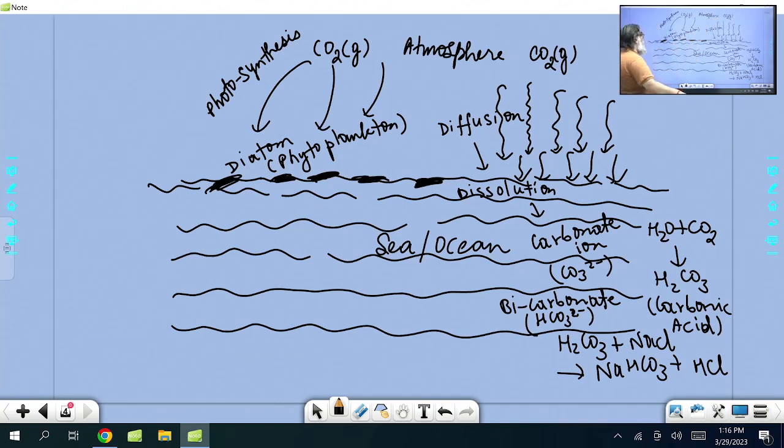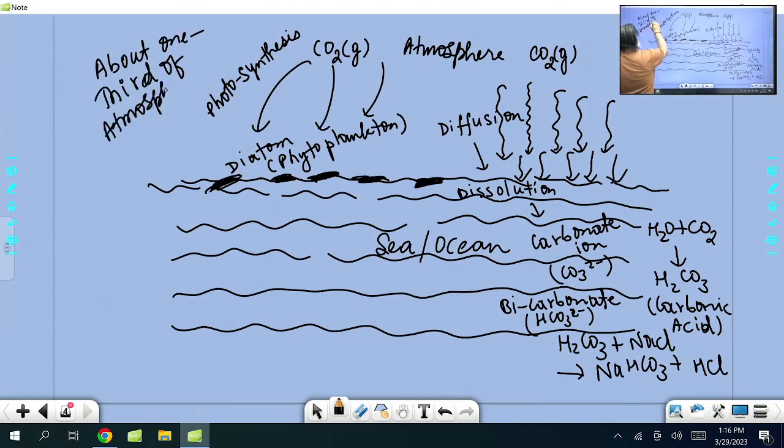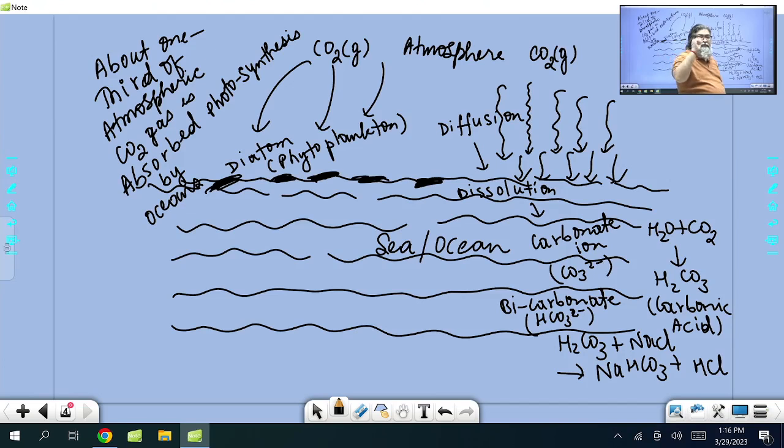Now remember that almost 1/3 of atmospheric carbon dioxide gas is absorbed by the oceans. We call it a carbon sink.